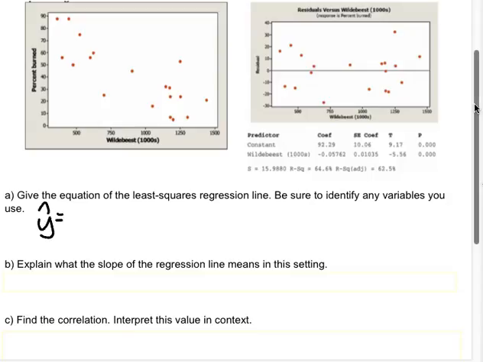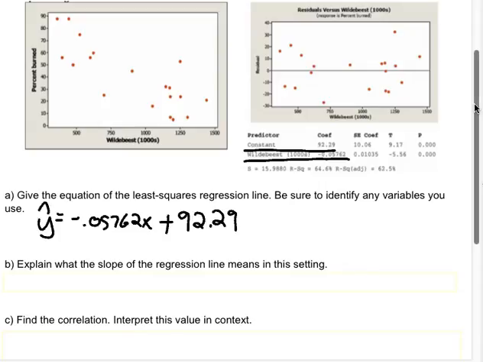The slope is always the coefficient with the descriptor. All right, so negative 0.05762x, and my y-intercept is the coefficient of the constant, the number that's by itself.